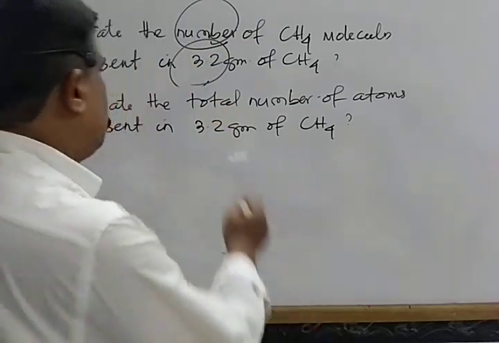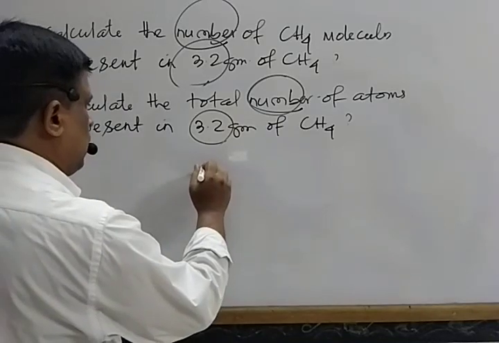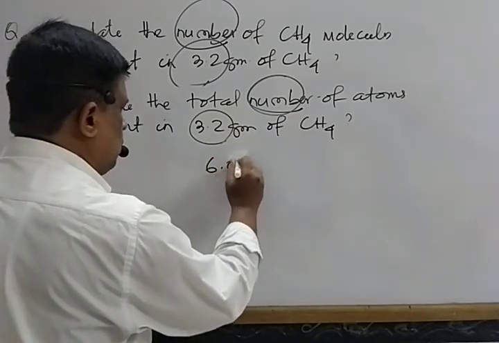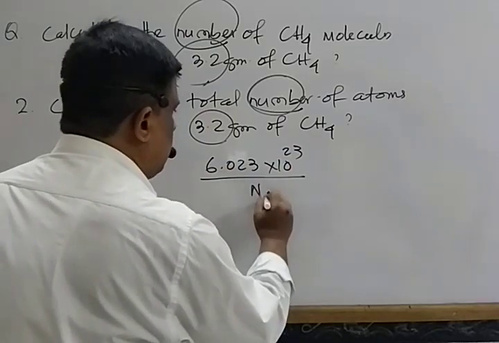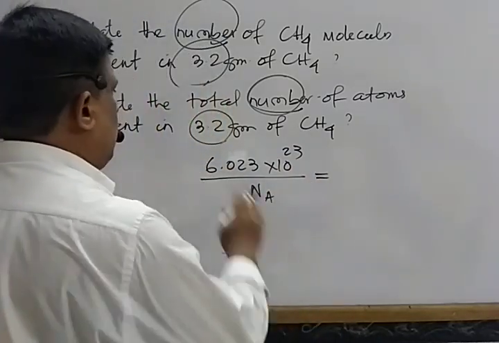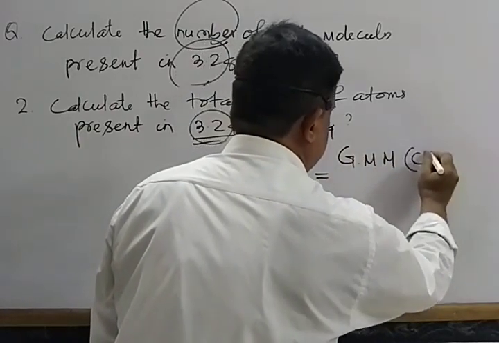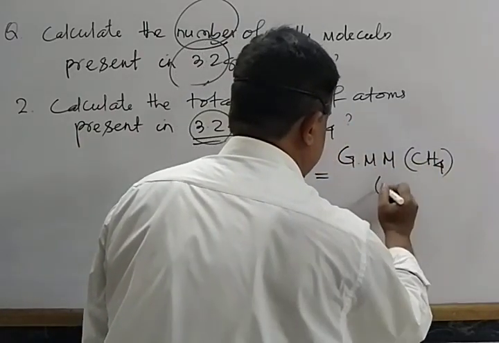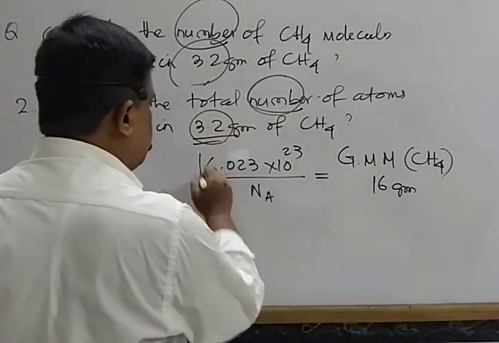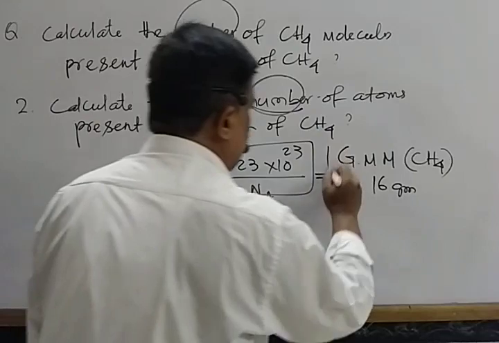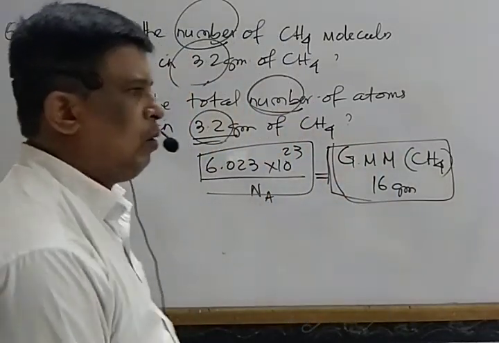The question is to calculate the total number of atoms in this many gram. Same concept is there. The number, that is 6.023 into 10 to the power 23, is equivalent to the gram molecular mass, which for CH4 is 16 gram. So 16 gram contains this number of molecules.